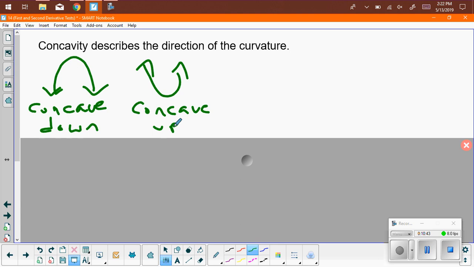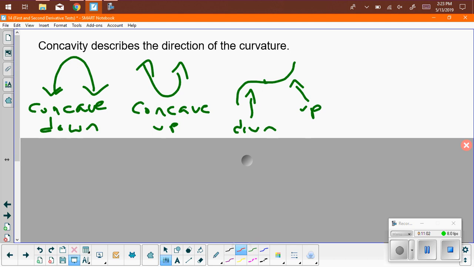I can have situations where it switches. If I have a basic cubic function like that, over here it's concave down, but on this side it is concave up. So it has to do with the direction of the curvature.